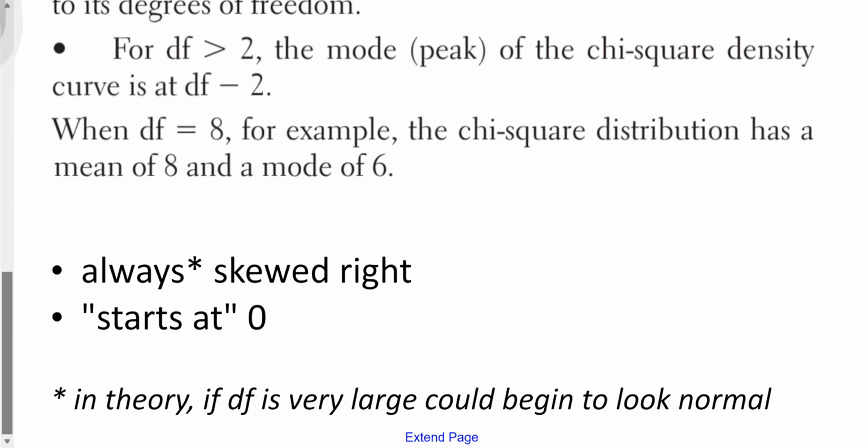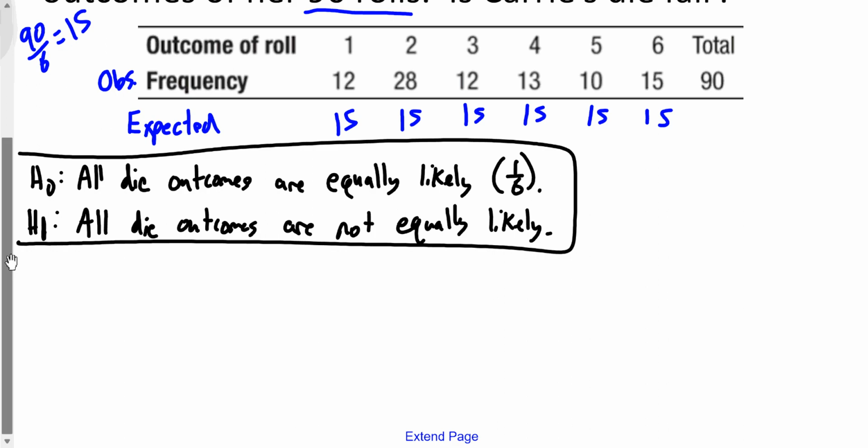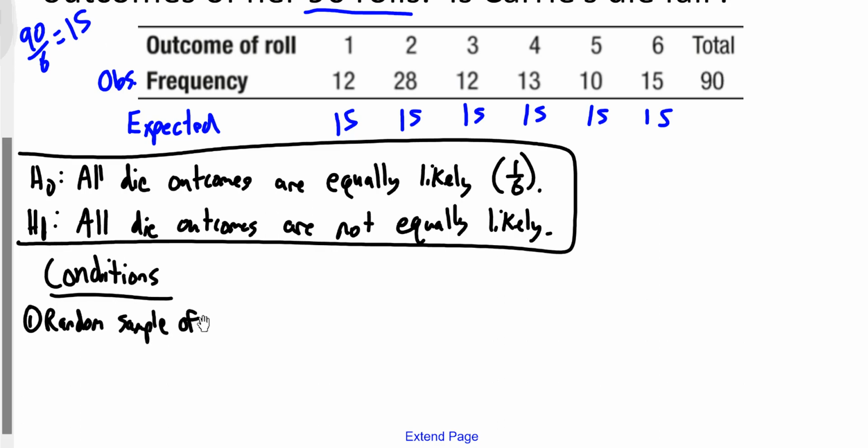Okay? So let's go back to our example here. Let's check these conditions. Then we'll get into what this formula is. For our conditions, number 1, do we have a random sample of dice rolls?